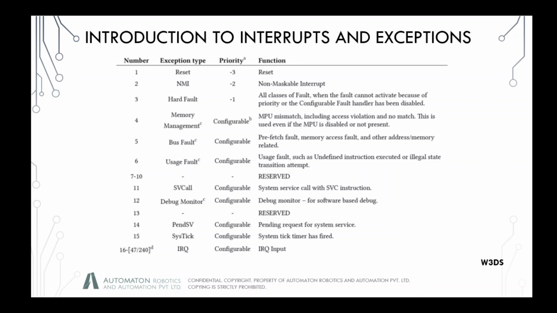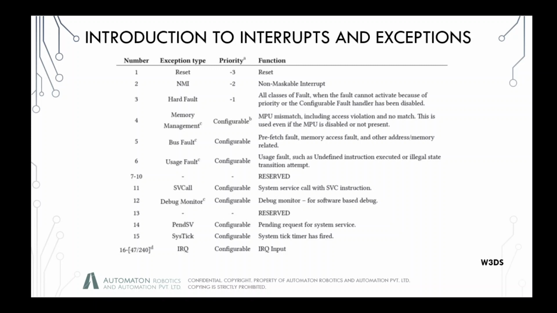Next you have the bus fault, and it is going to occur whenever the advanced high-performance bus interface receives an error as a response from a bus slave, or it is also called a prefetch abort. It is basically a prefetch fault, and it can also happen because of a memory access fault or any other kind of memory or address related issues.